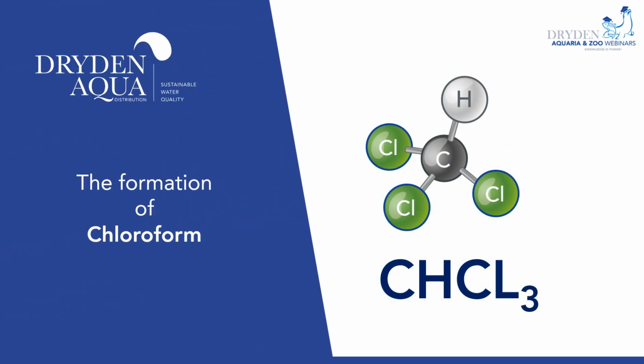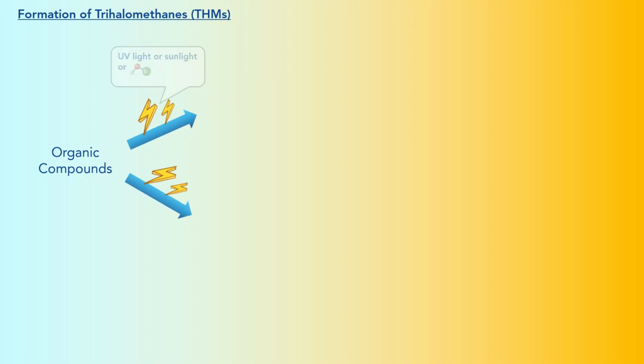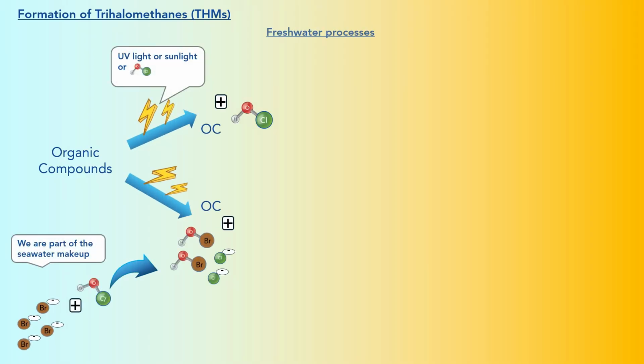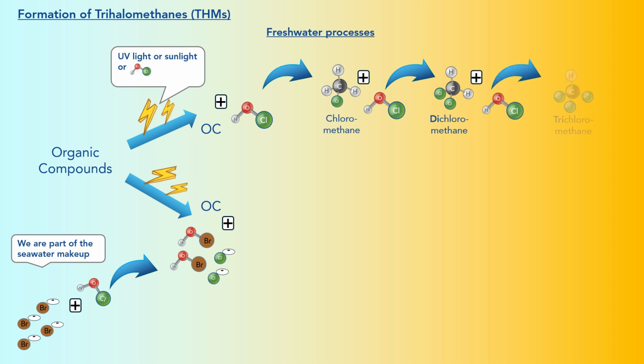And is the formation of trihalomethanes very different to the formation of trichloramines? Well, these form when organic compounds are exposed to UV or sunlight in the presence of free chlorines or bromines in seawater. As the reaction proceeds, the chlorine or bromine radicals hit the molecule and the hydrogen atoms are replaced.